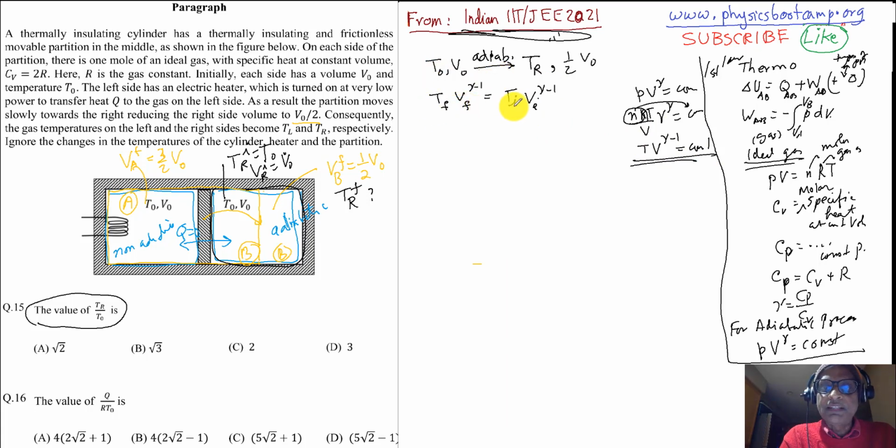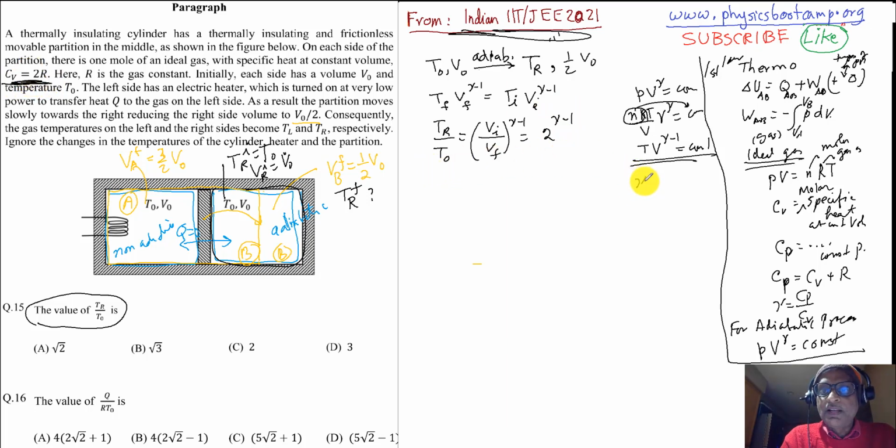Just putting in there, we're supposed to get TB over T0, which is V initial over V final to the gamma minus 1. And this is half, so this is 2 to the power gamma minus 1. If I know gamma, I would be done. For gamma, we have CV given, right?